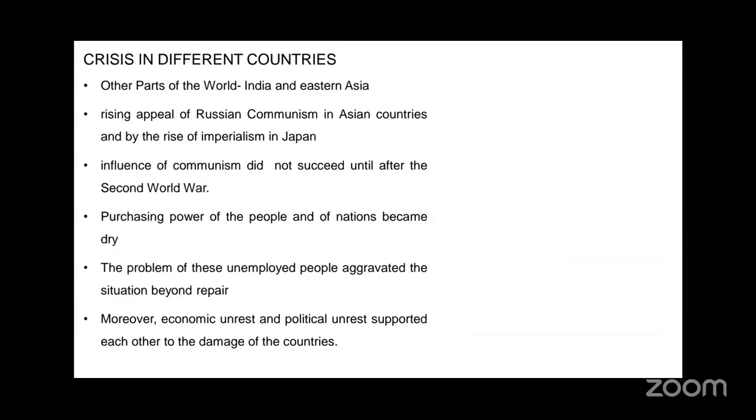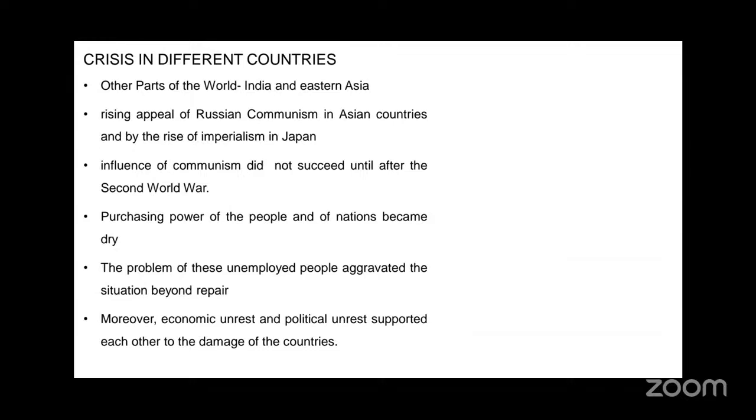Decolonization as a wave started, especially after the post-World War or during the Cold War era.